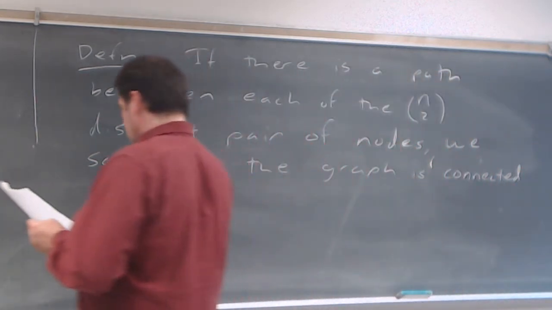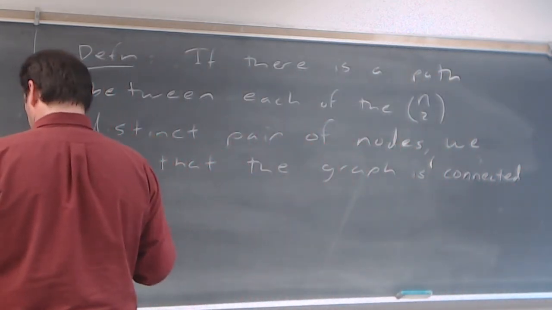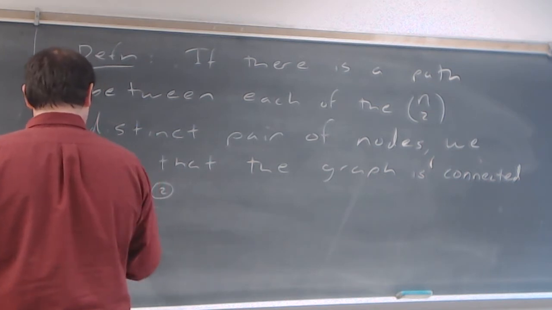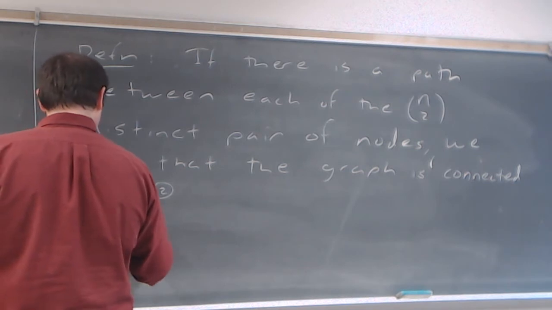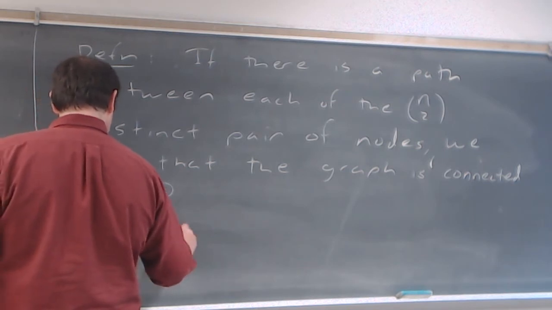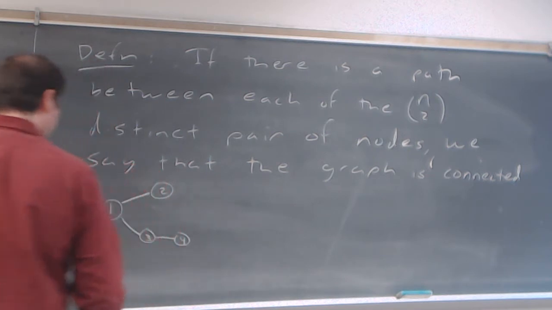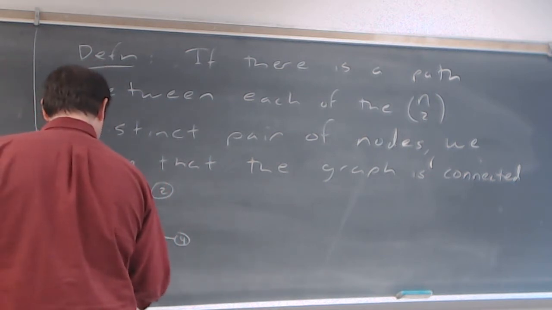So here's a picture. If I have, as an example, this graph, 1, 2, 3, 4, this is a connected graph.